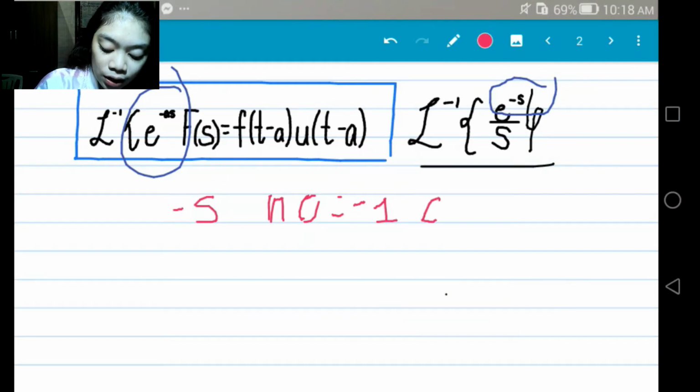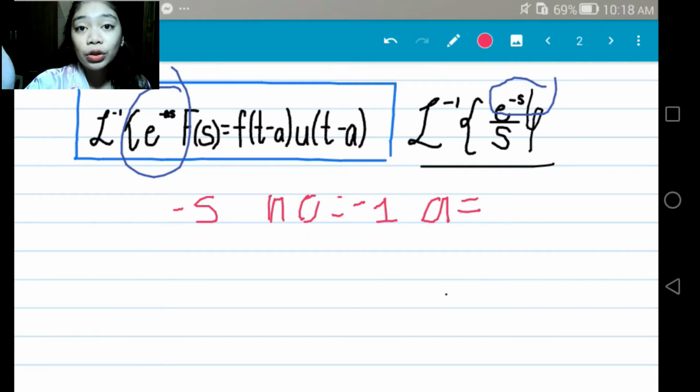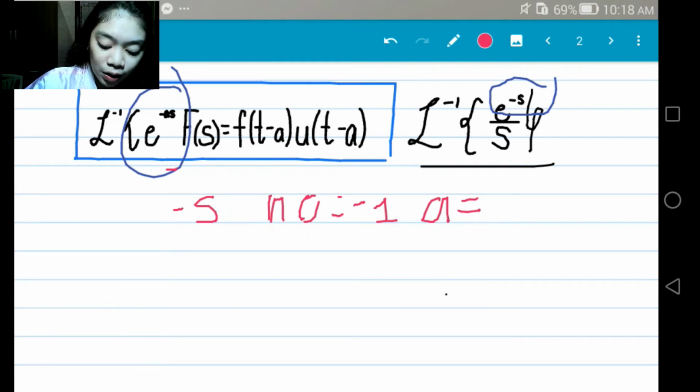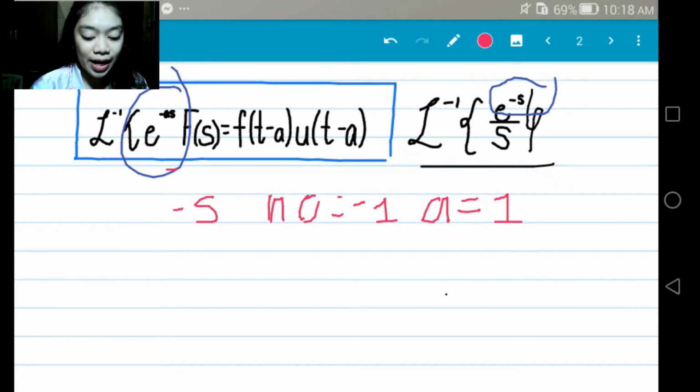But our a is supposed to be the negation of that, because in our general formula, a is negative. So we also have to negate the numerical coefficient of the exponent of e. So we just have to negate negative 1. Negating negative 1, we have negative 1 times negative 1, which gives 1. So that is our a.